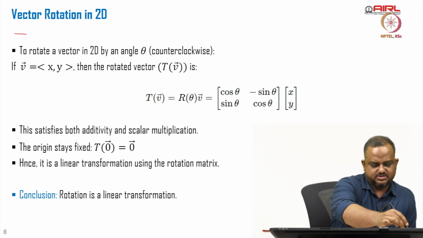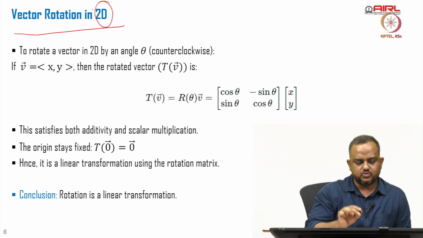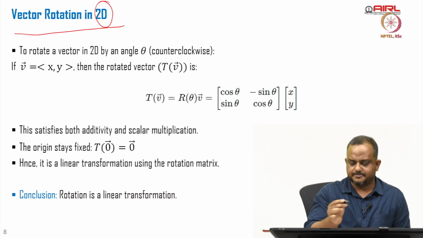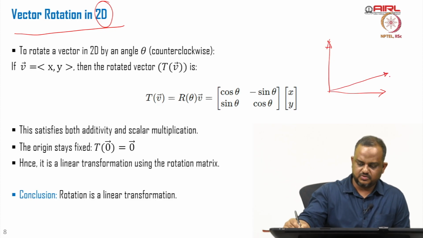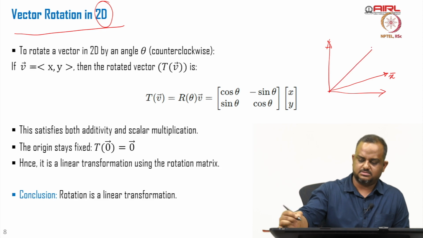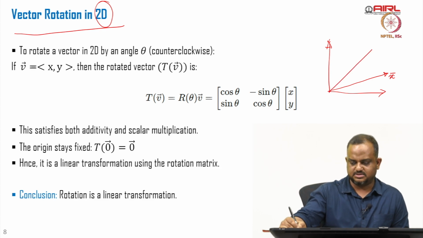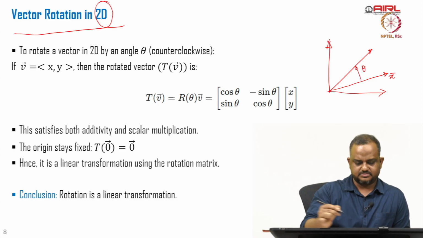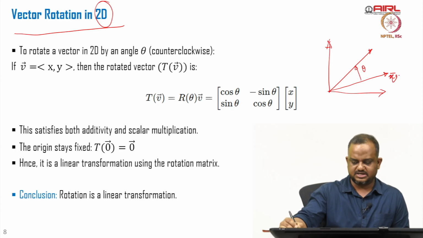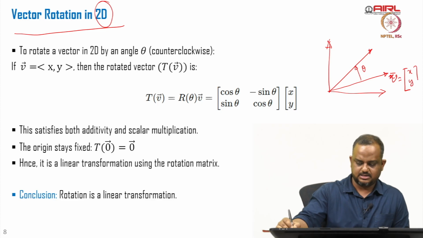So when it's a vector rotation in 2D frame, to rotate a vector in 2D by an angle theta in a counterclockwise direction. The vector was initially here, which is the vector v, which has coordinates x and y.